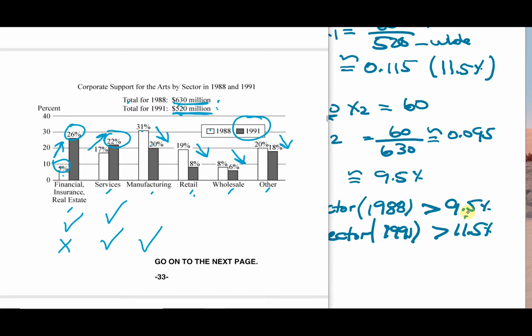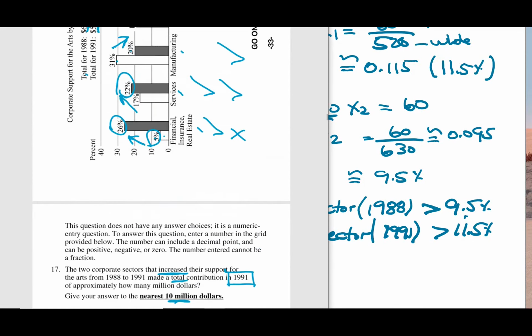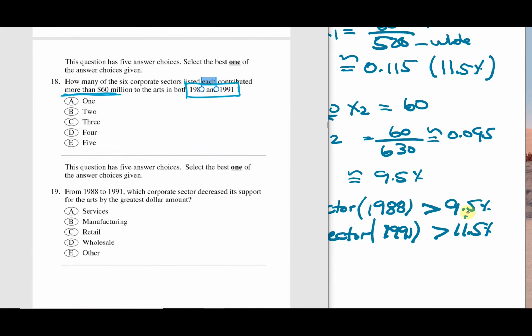But now 8%, and this is 1991, it's not greater than 11.5%, so that fails. 6% is not greater. And then both of these percentages are greater, so now we have a total of 3 checks out of 6. So the answer is going to be 3.